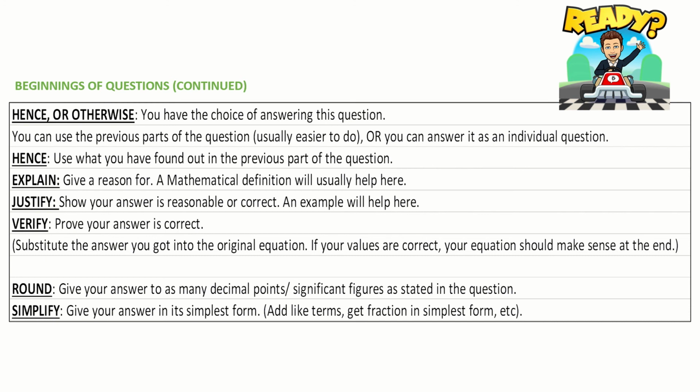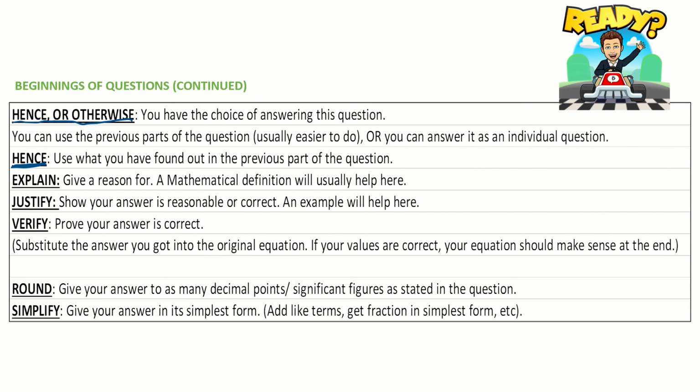So if it asks you hence or otherwise, then they've asked you a starter question and you might have gotten that. If they ask you hence or otherwise, that means they're asking you another question based on the first part, and basically you can answer that any way you want. It's linked to the word hence. If it says hence, that means following on from.